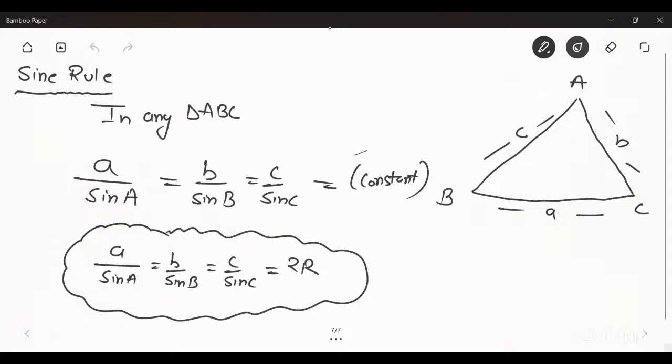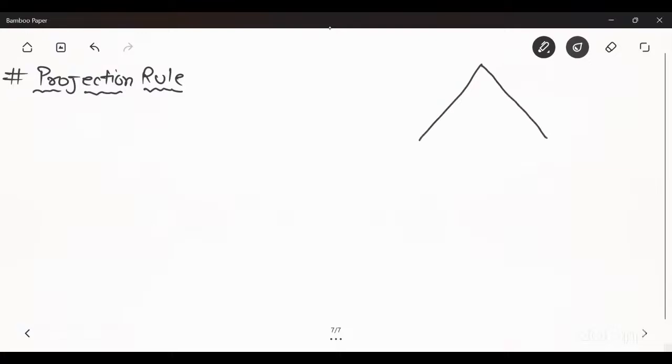Now next is your projection rule. Suppose this is the triangle and the sides of triangle are a, b, c.